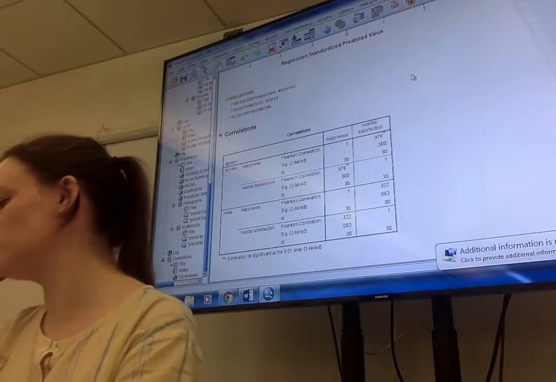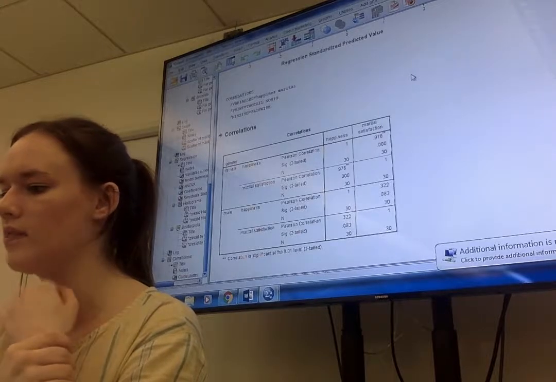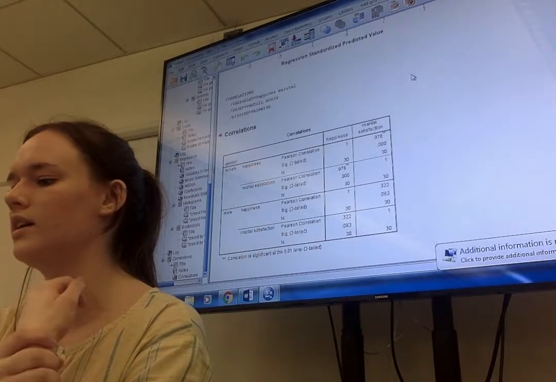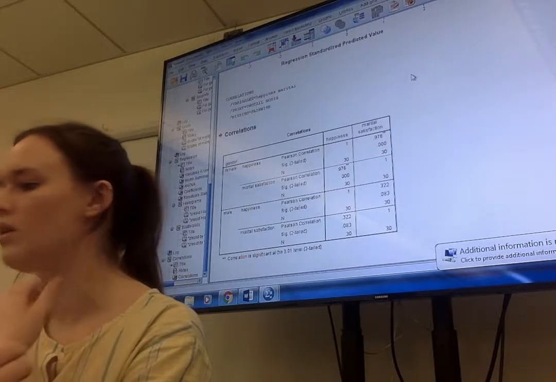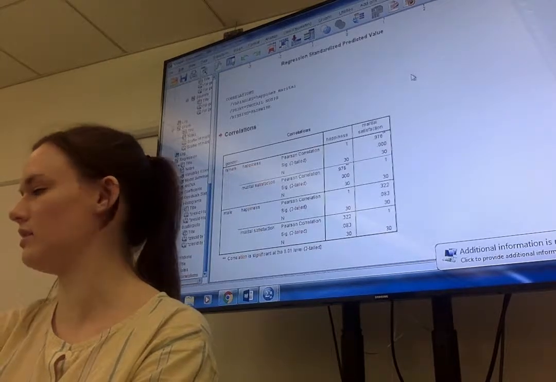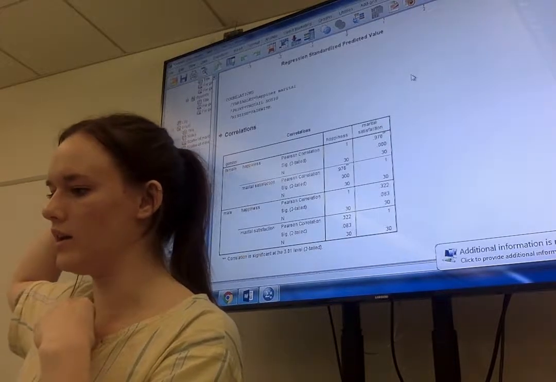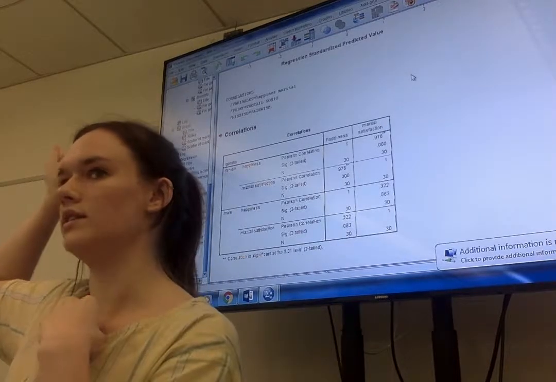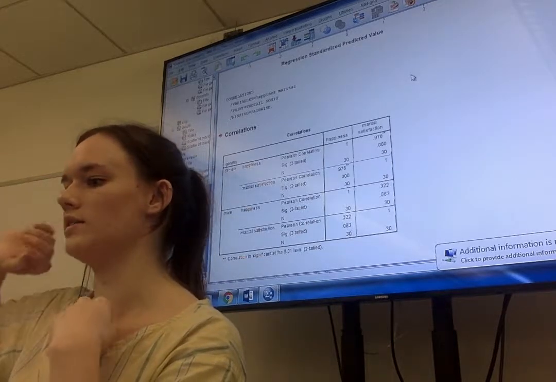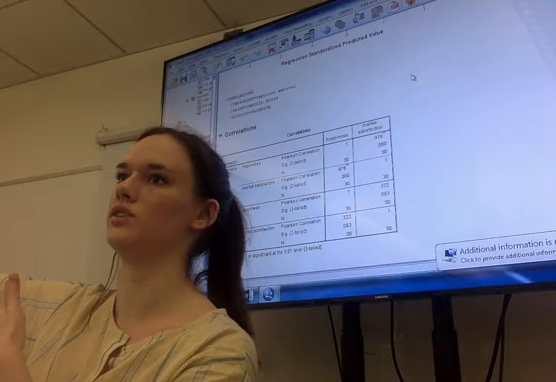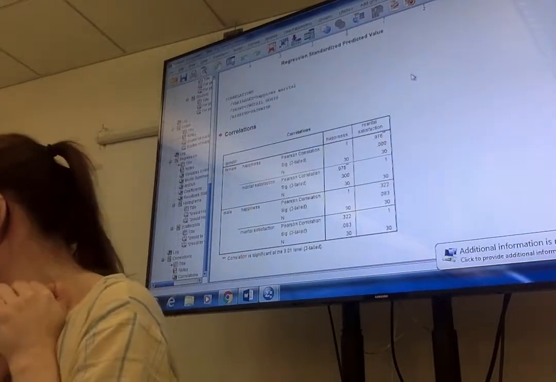And then putting this into real world terms, we would say that for males, there was not a significant correlation between happiness and marital satisfaction, whereas for females, there was a significant correlation. And because our Pearson R is 0.976, that is a very large positive relationship. So as marital satisfaction goes up, happiness is going up as well, basically.